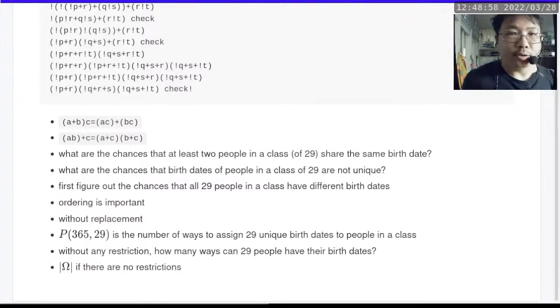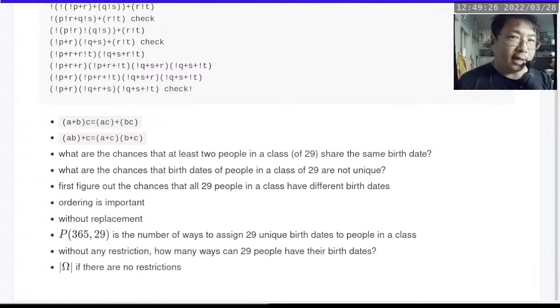We are looking at the omega, or the set of all possible outcomes without restrictions. So once again, it's best to go all the way down to 1 person in the class. If we have only 1 person in this class, and I'm asking how many possible ways we can assign a birth date to that 1 single person, that's a silly question. It's 365.